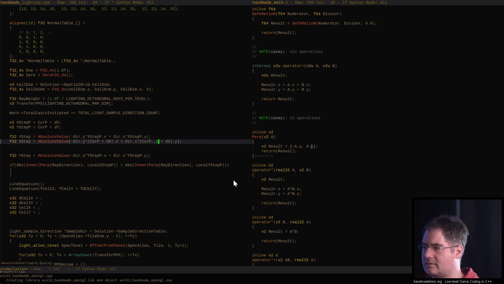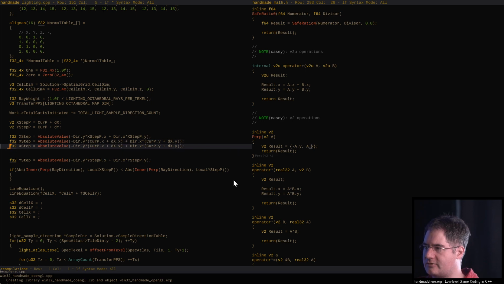Then when we multiply that out, we would expect to see this, right? Distribute the dir y, then distribute the dir x, and you get something that looks like that. So negative dir y times cur px plus dir cur p.